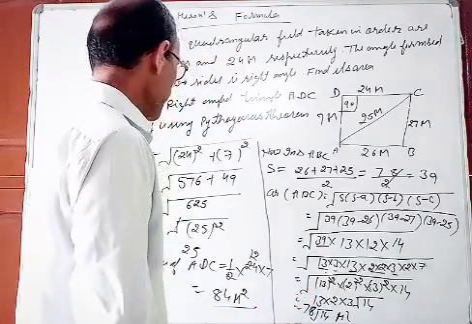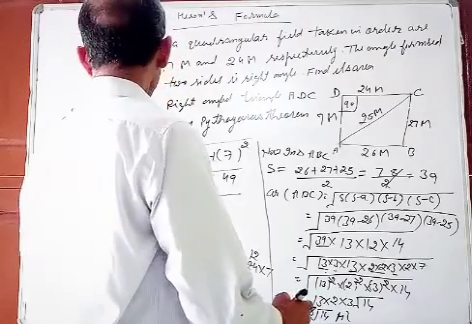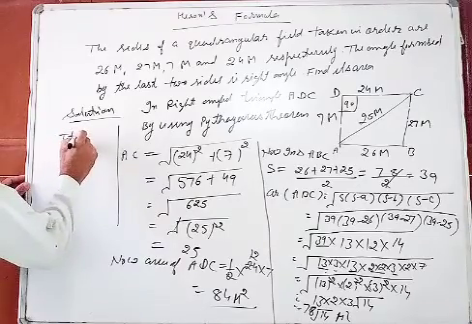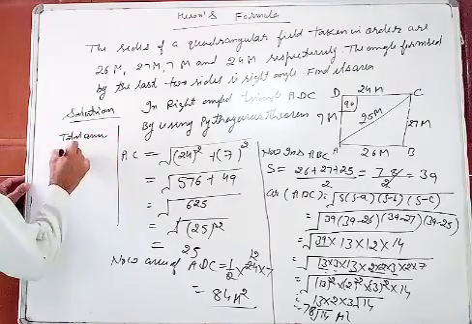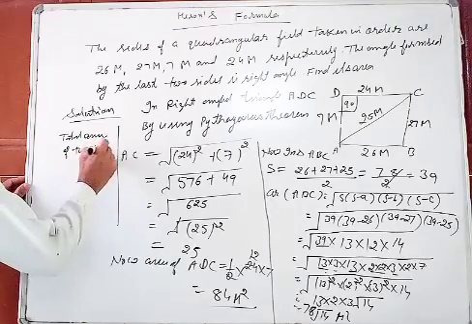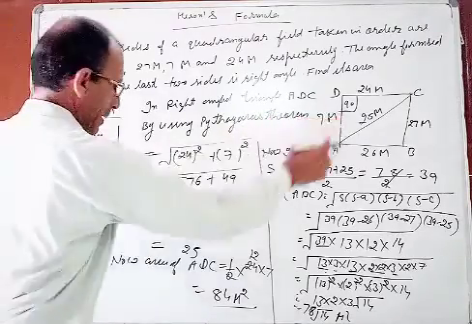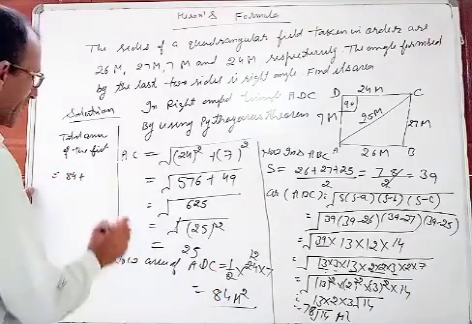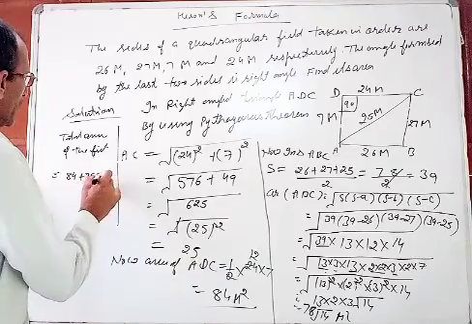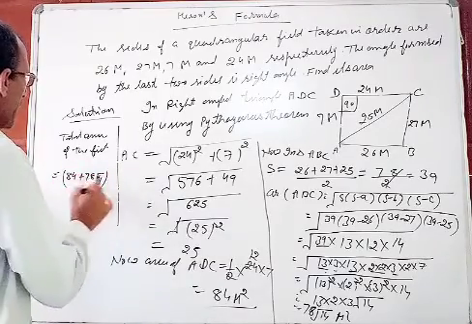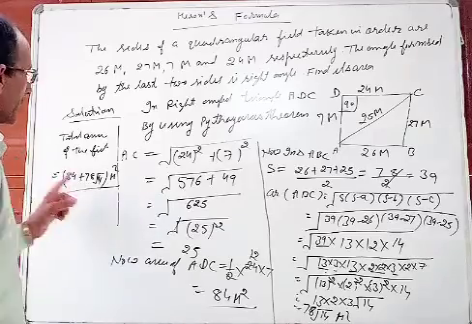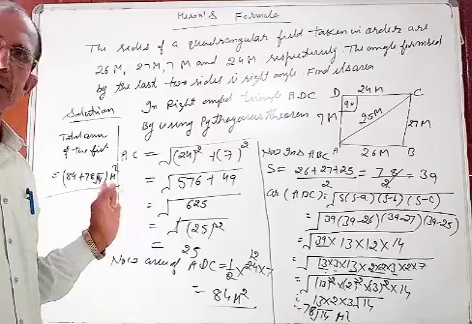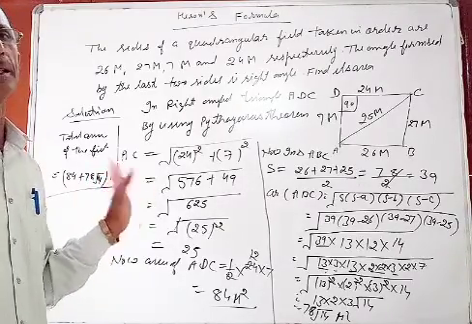So total area of the field, area of this triangle I got 84, plus this is 78 root 14. Keep it in brackets and write here square meter. Or you can find the value of root 14 up to 2 places of decimal, then multiply and then add. That is also right and this is also right.